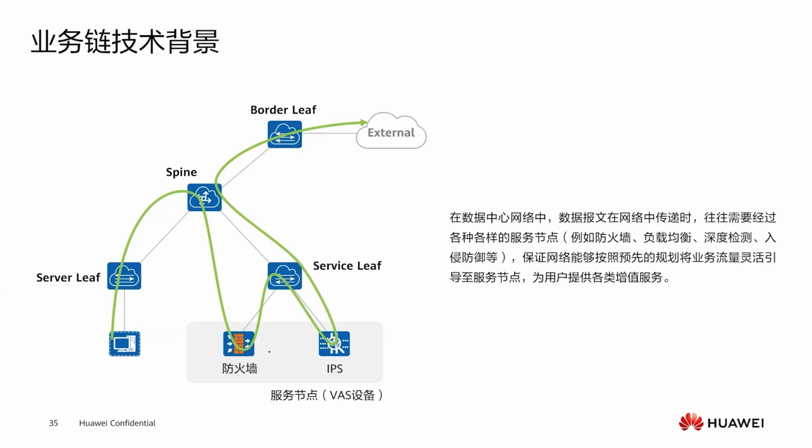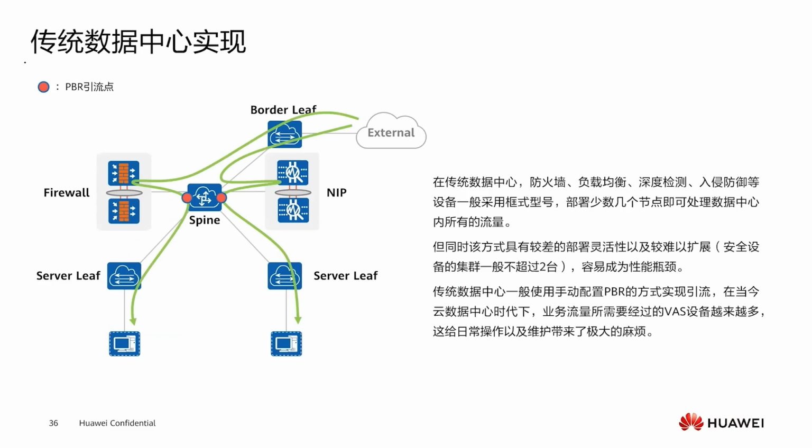So the WAS devices in traditional data centers, or rather in traditional enterprise networks, those who have experienced it will know the way we arrange it. Either it's strung inline, or it's hung alongside the core, using a diversion method to let the traffic pass through sequentially.